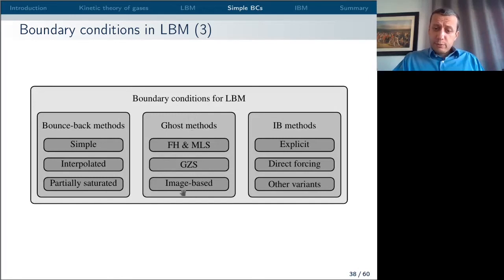And you have different approaches here. And of course, I mentioned that at the beginning, you have Immersed boundary methods, which are not really Lattice Boltzmann related, but the Immersed boundary method is much older than the Lattice Boltzmann method. It's about 20 years older, but it can be coupled with the Lattice Boltzmann method.